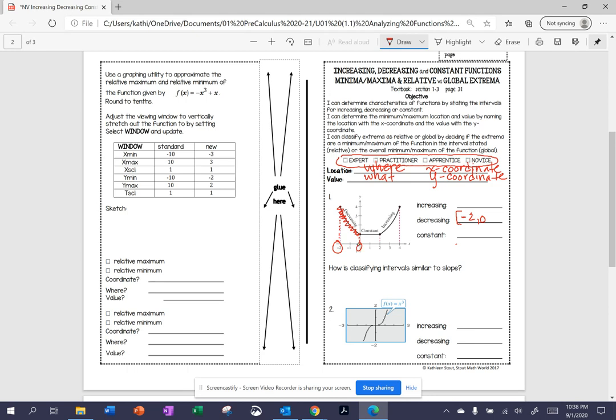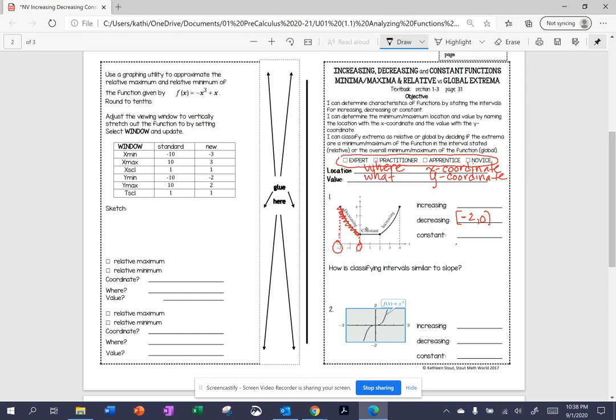And while I have a filled in circle here for 0, I also begin the next description called constant, and I can't be decreasing and constant, so that would be a parenthesis. So my next section here is constant.